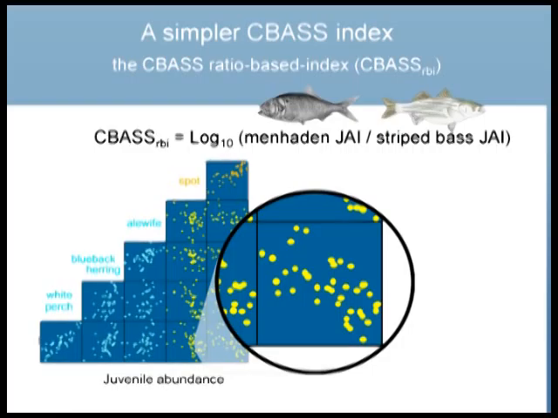You could literally just download the menhaden juvenile abundance index from Maryland DNR and the striped bass index, divide one by the other, and take the log of that ratio. You take the log so that it's normally distributed. That way you can use it with normal correlation or regression studies.